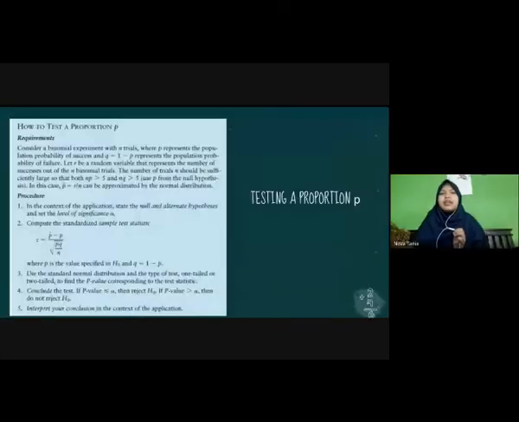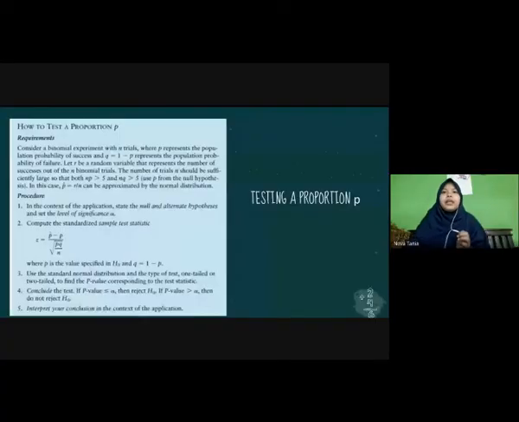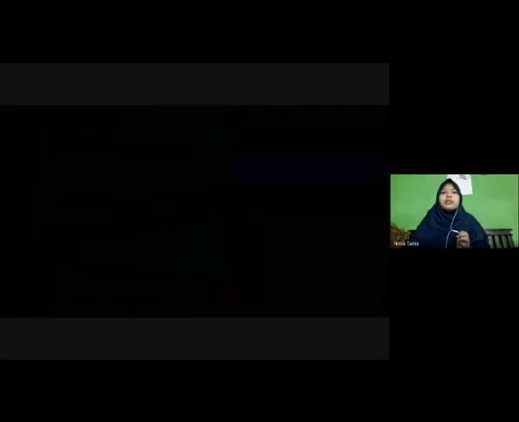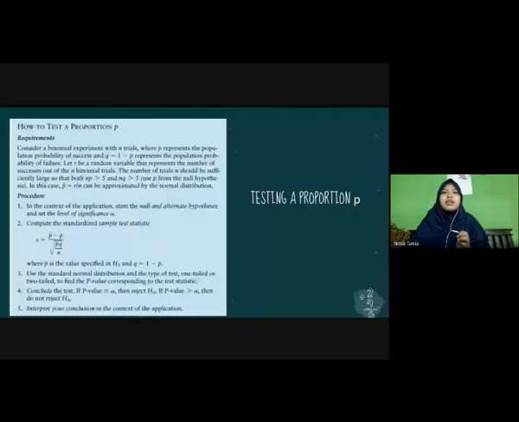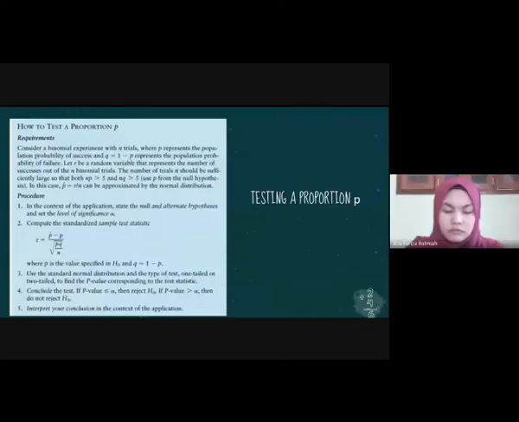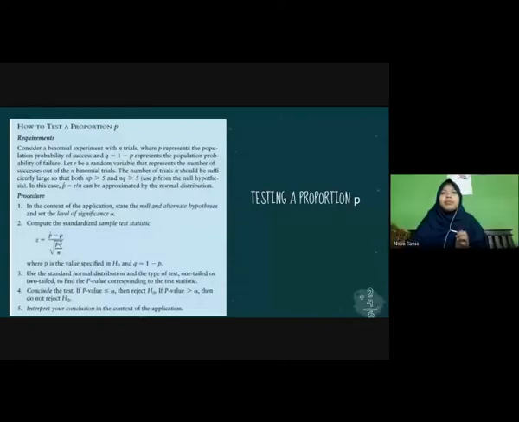Anna, please next. This is testing proportion P. The first requirement: consider a binomial experiment with n trials, where P represents the population probability of success and Q equals 1 minus P represents the population probability of failure.